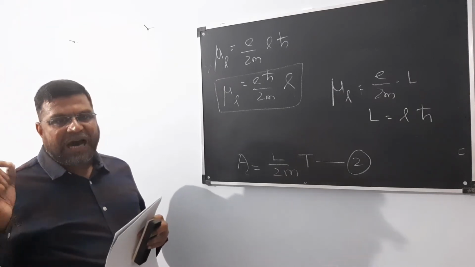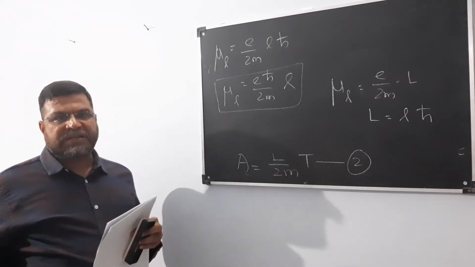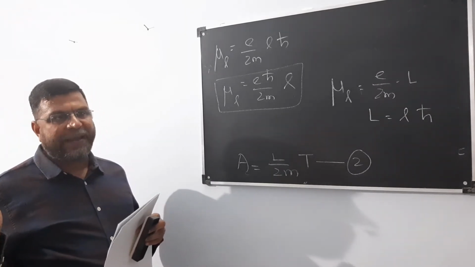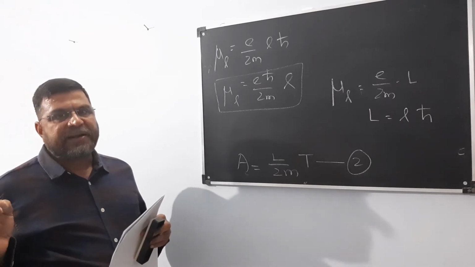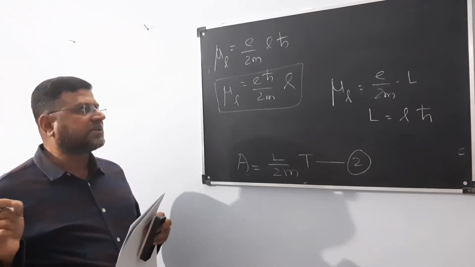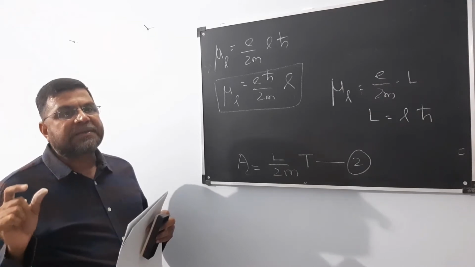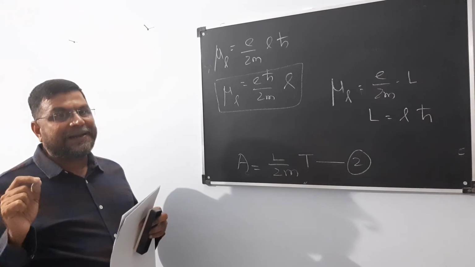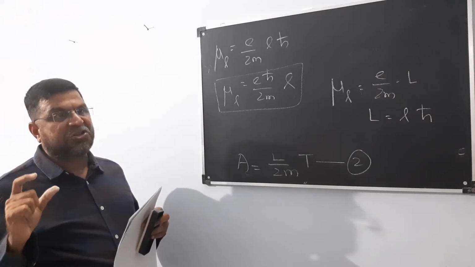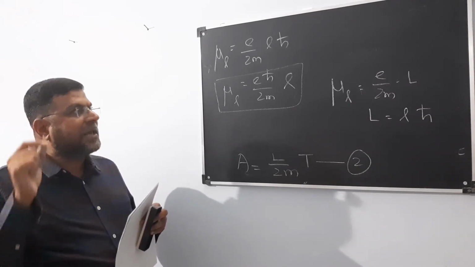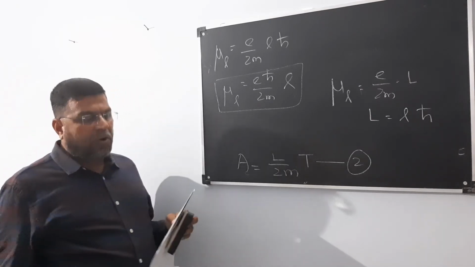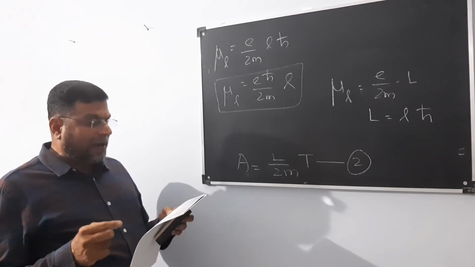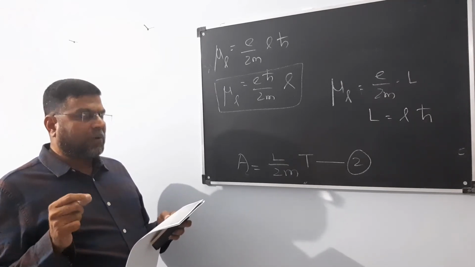Then e is the charge of the electron, 1.6 × 10^-19 coulomb. h cross is h by 2π, h is Planck's constant, 6.64 × 10^-34 joule second. m is the mass of the electron, 9.1 × 10^-31 kg. l is the distance or length through which the electron has travelled in the orbit. So you know all the values, so you will be easily able to calculate the angular momentum.